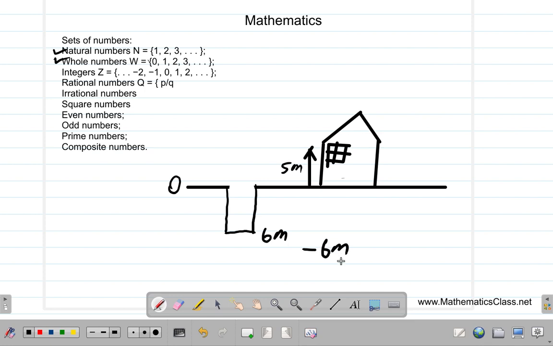You can say 6 meters below 0, or you could say -6 meters. So a positive 5 meters is 5 meters above ground, but a -6 is 6 meters below ground.